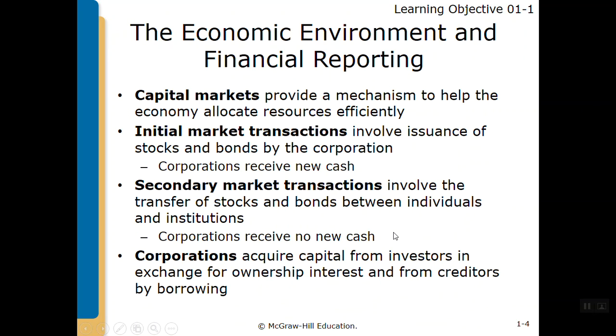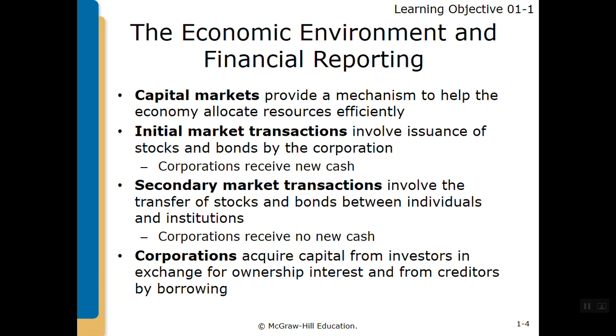So when we talk about capital markets, we're talking about the markets that help to allocate resources to different entities. So when we talk about the stock markets, for example, that is the place where stock is sold and the company raises capital to invest in their company.